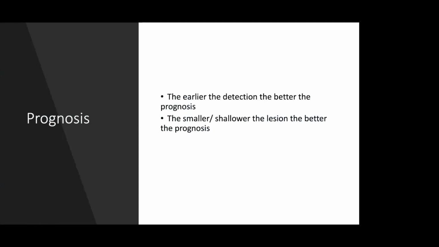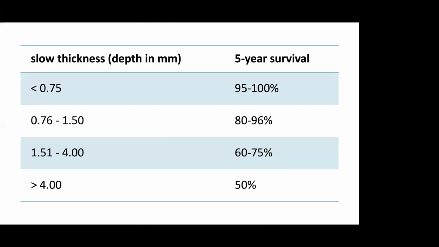Equally, the smaller and shallower the lesion, thinking of the Basal thickness, the better the prognosis. And again, this is just to give an example to show that 5-year survival is better in shallower compared to deep lesions.